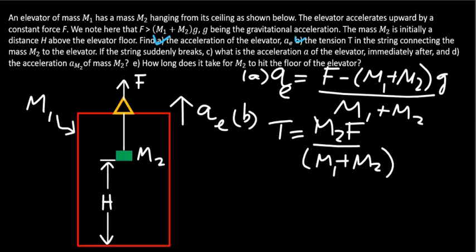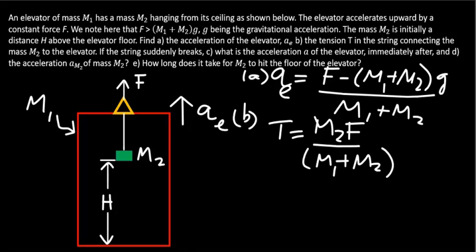Now the question reads, if the string suddenly breaks, what is the acceleration of the elevator immediately after that, and also the acceleration of that mass M2? Remember the free body diagram of the elevator itself that we have written down initially with the string intact? Let's revisit that diagram.